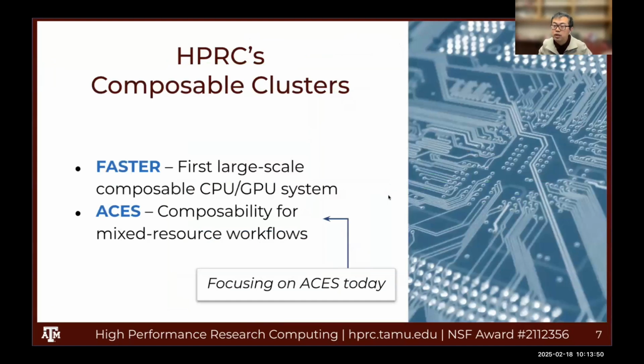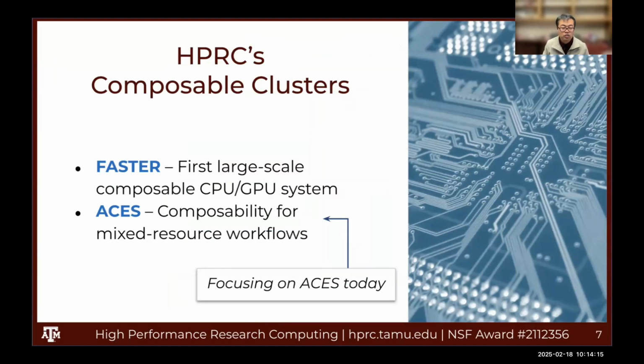As I said, we have 2 composable clusters at Texas A&M HPRC. FASTER is our first large-scale composable CPU-GPU platform, and the GPUs are mainly NVIDIA GPUs. So it's not very complicated. But for ACES, the composability is for mixed-resource workflows.